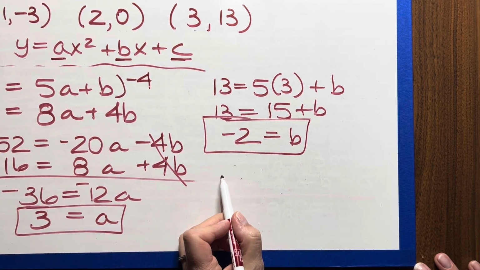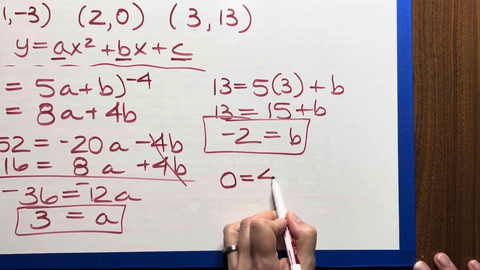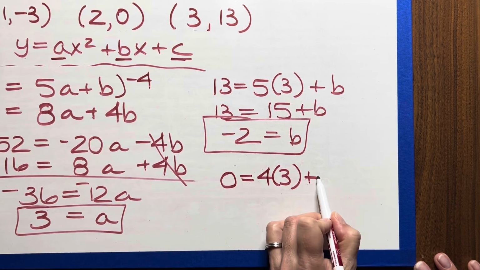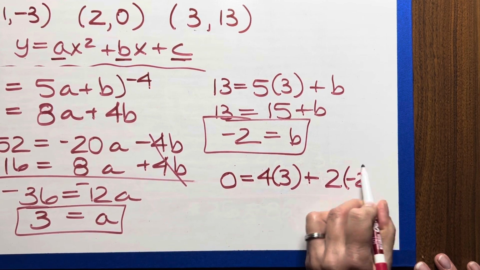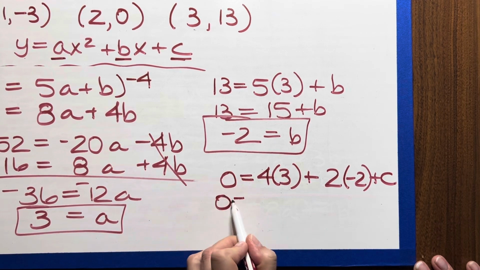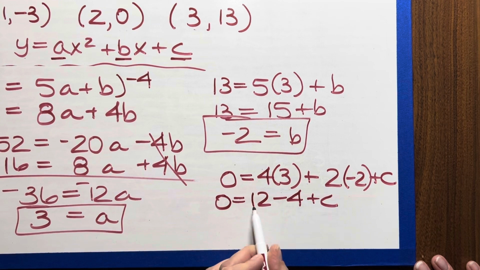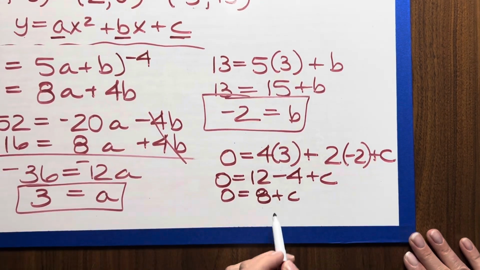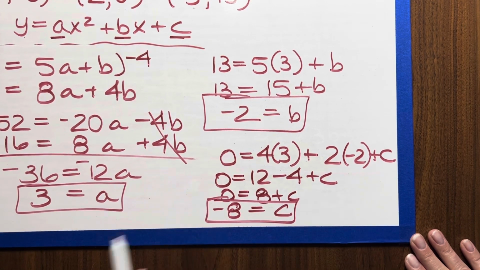I think I'm going to go to the 0 equals. So I'm going to get 4 times a, so 4 times 3, plus 2 times -2. If I combine terms, 12 minus 4 plus c. 12 minus 4 is 8. So when I solve for c, I get c equals -8.